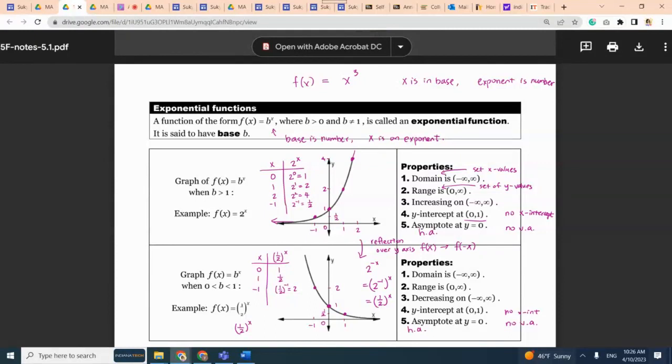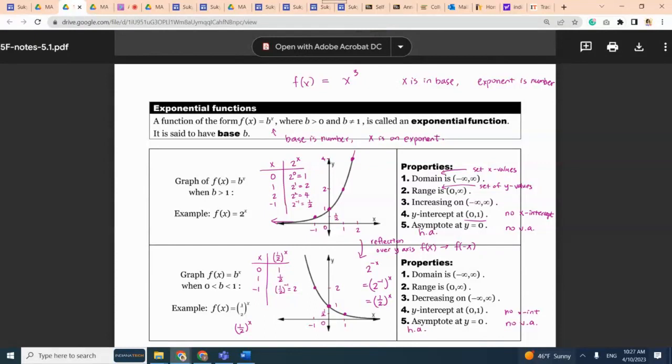How about the range? You project on the y-axis. Do you see this side? It goes to infinity. And this side is approaching 0, but it never equals 0. That's why the range is (0, infinity), open at 0. And you see it's going down as x increases. So this is decreasing. The function is decreasing. Okay? And do we have a y-intercept?